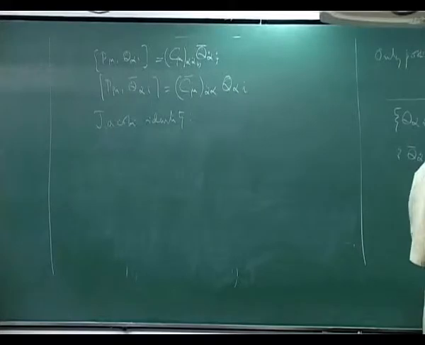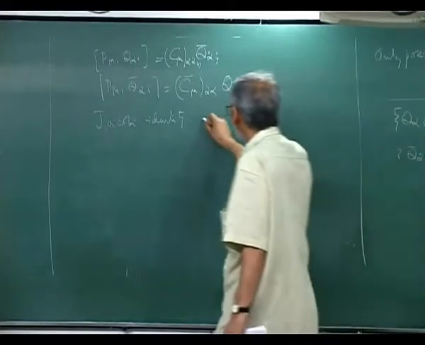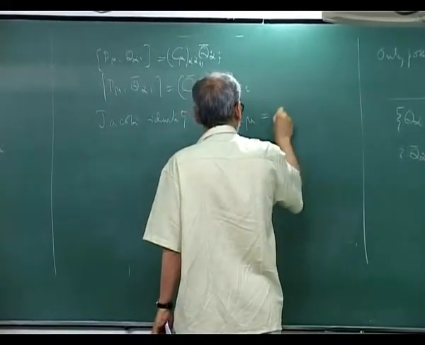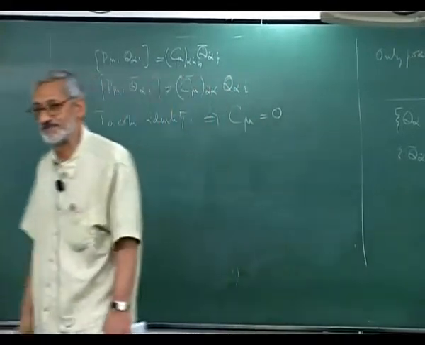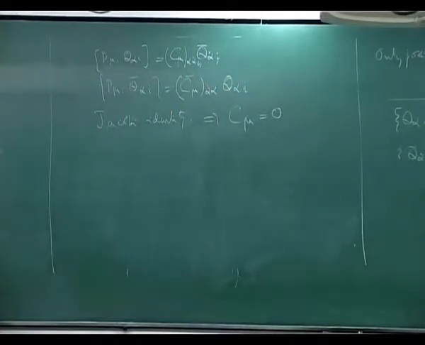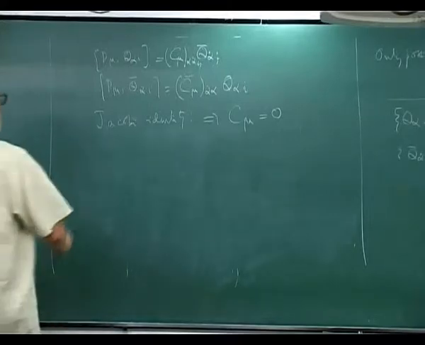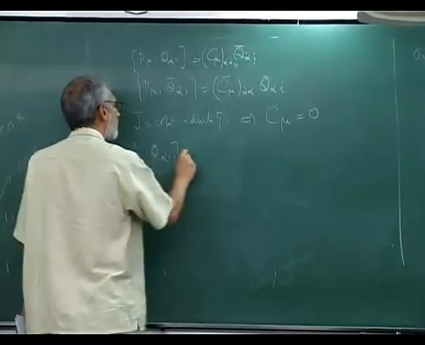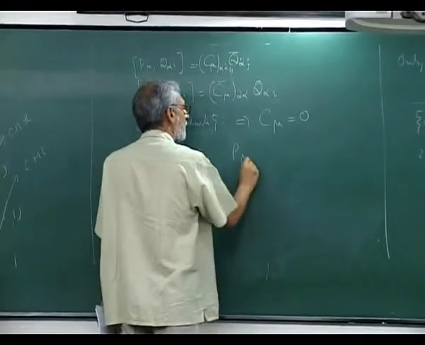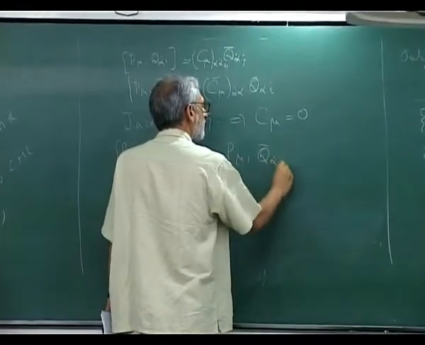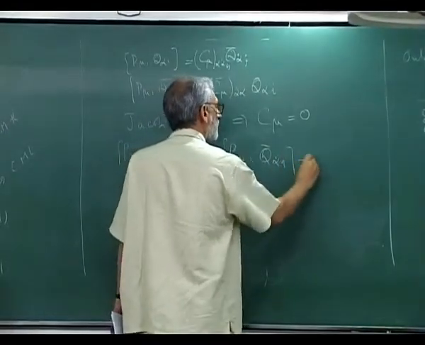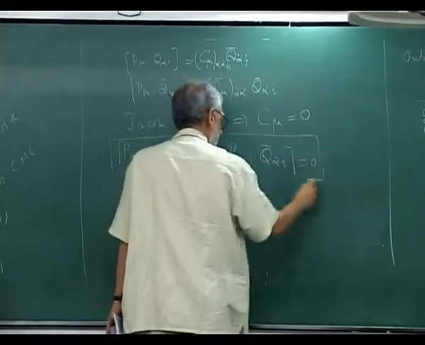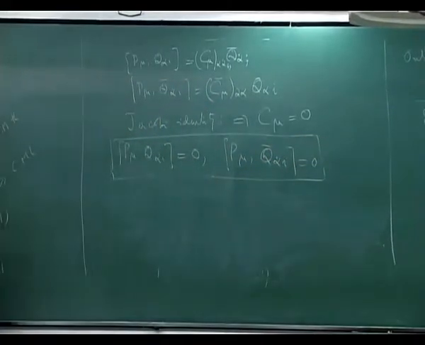And if you check the Jacobi identity, you realize that P mu Q alpha I commutator is 0, P mu Q bar alpha dot commutator is 0. This is the additional set of relations of this algebra.